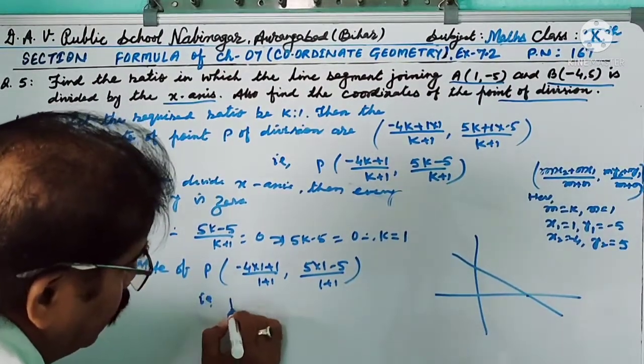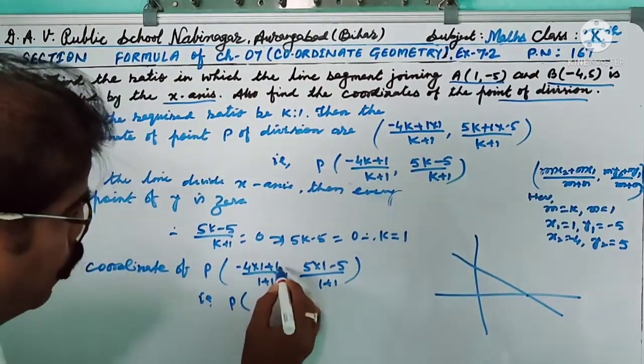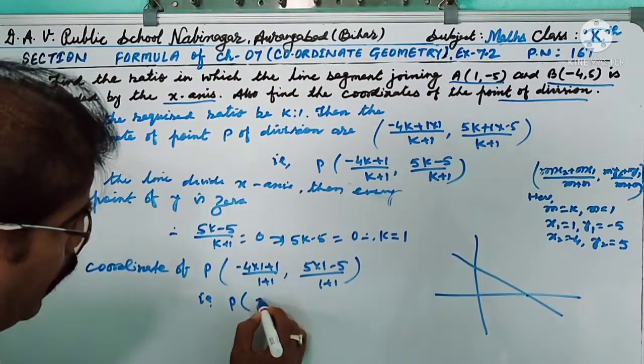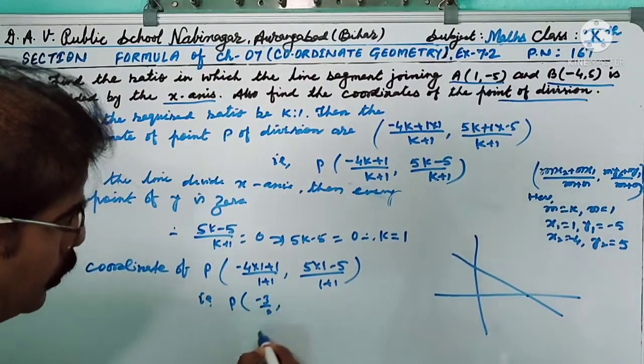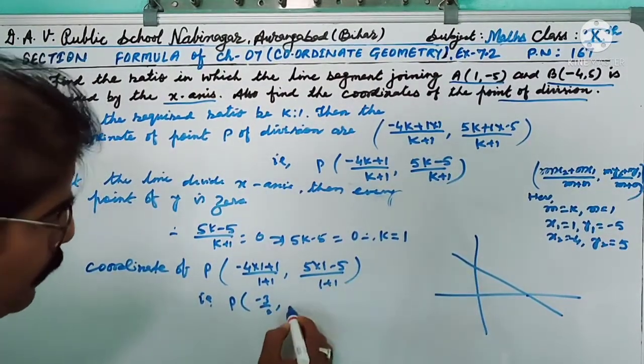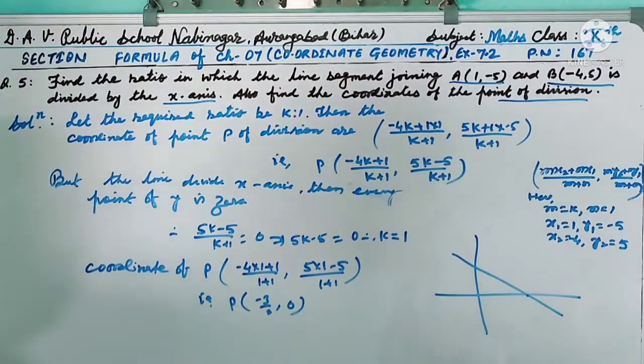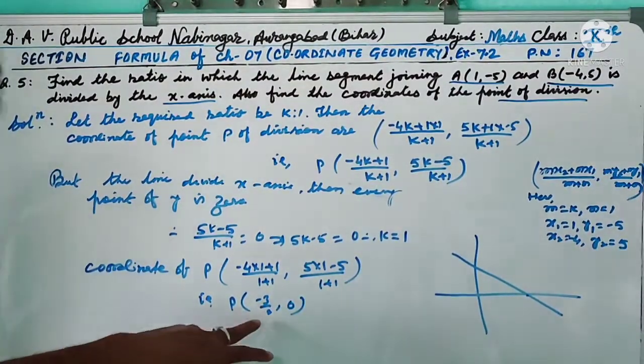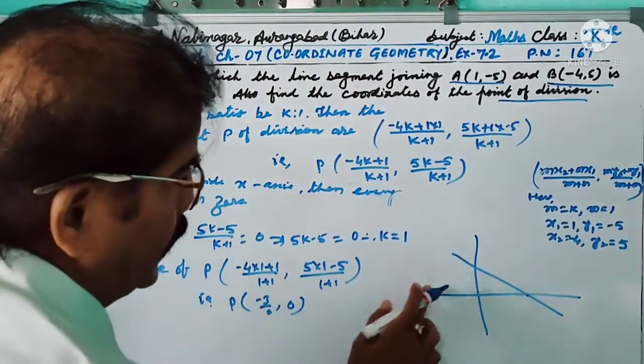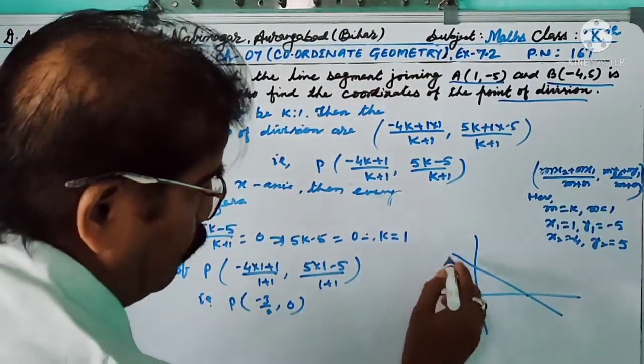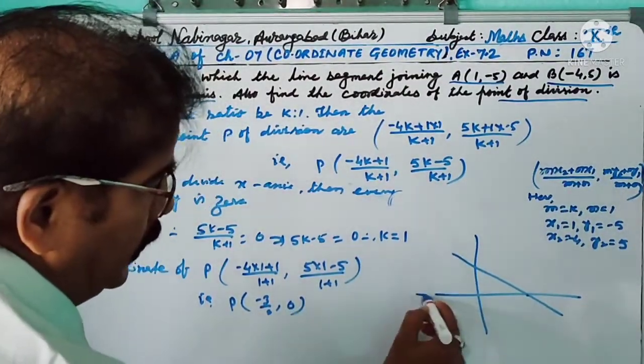That is P equals (-4 + 1) = -3 by 2, and 5 - 5 = 0. So the point of division is (-3/2, 0). The x coordinate is -3 by 2, which means it lies on the negative side.